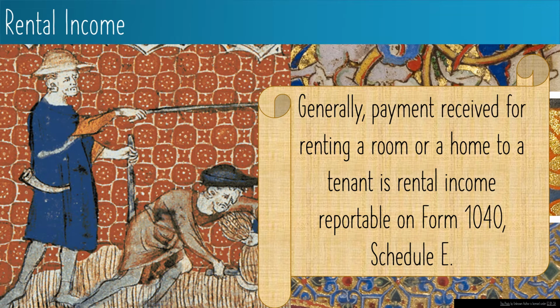So on to rental income, and again, we are really just mostly covering this as an awareness thing. Generally, a payment that's received for renting a room or a home to a tenant is rental income, and it's reportable on the 1040 Schedule E. So if somebody is actually renting out a room in their house, they should be reporting that as rental income.